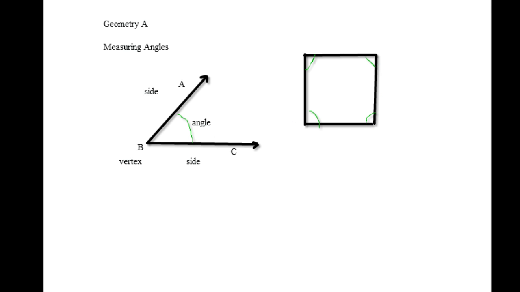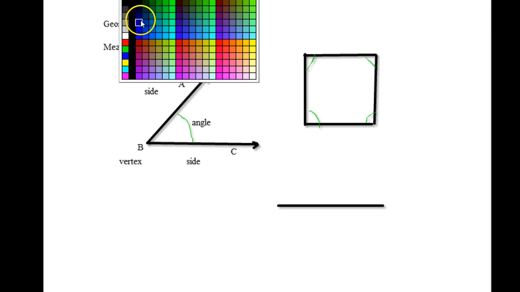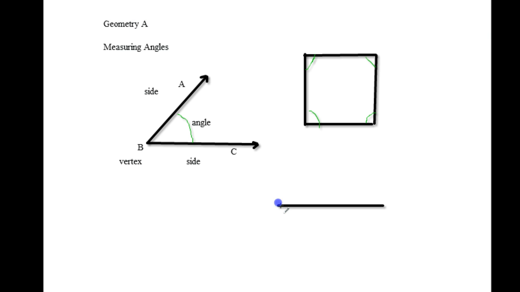Now to talk about measuring, we use a protractor, which is actually a semicircle. A protractor has notches, so in the middle is 90, right here is 135, right here is 45, and so on.